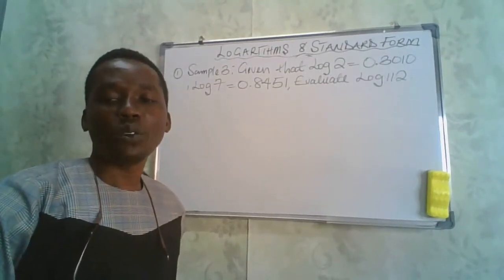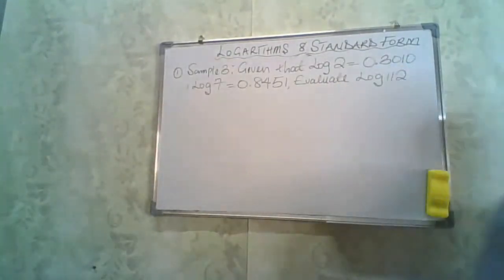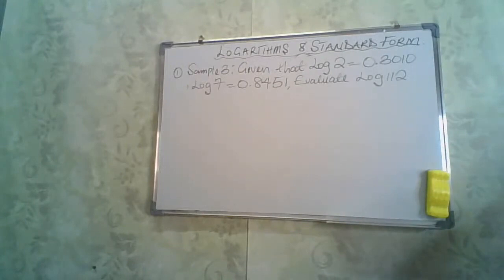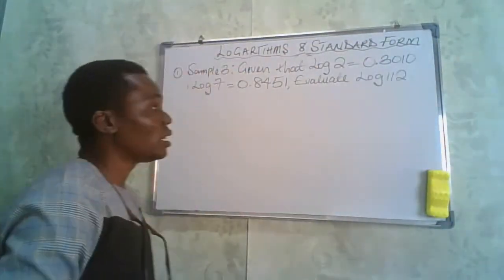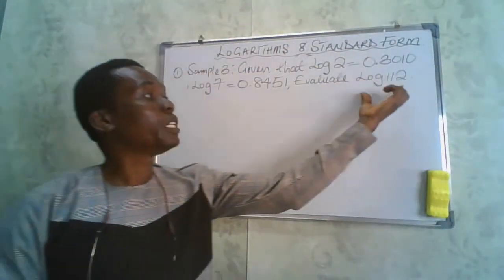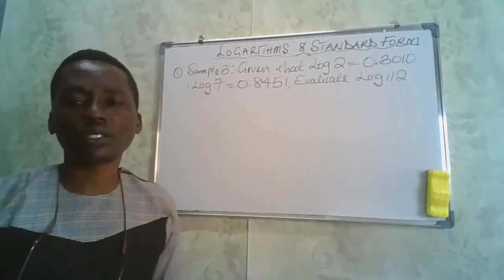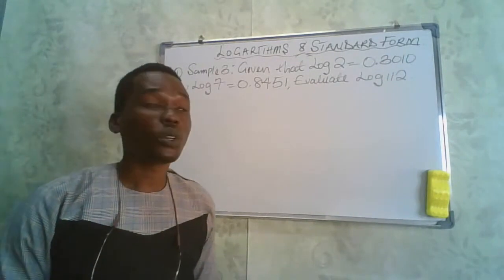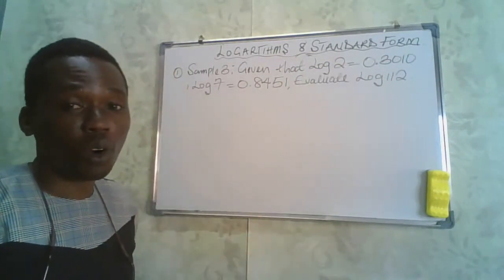Now you have to do a lot of factorization in this instance to get your solution to this question. So we have to play around with a lot of factorization in this regard. Now, how do we play around with 112? We have to look for the factors of 112 such that 7 and 2 can easily come out.